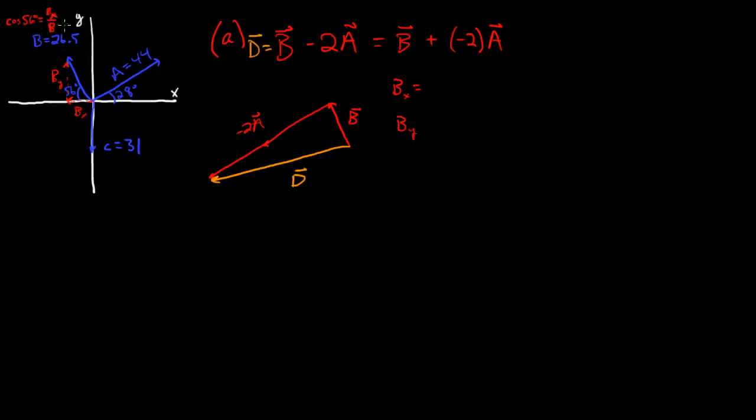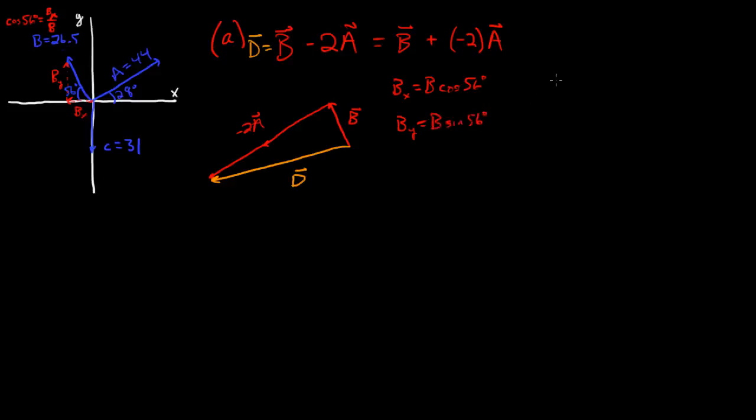Just multiply both sides by B, and you get Bx is equal to B cosine 56 degrees. Okay, do the same thing with y and the sine function, and you get By is B sine of 56 degrees.